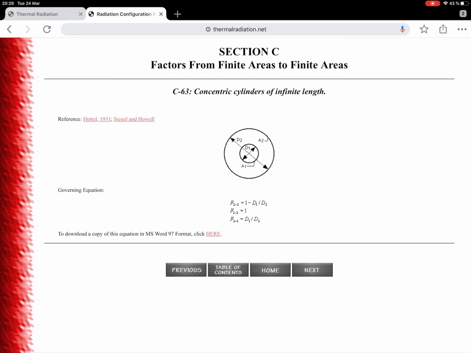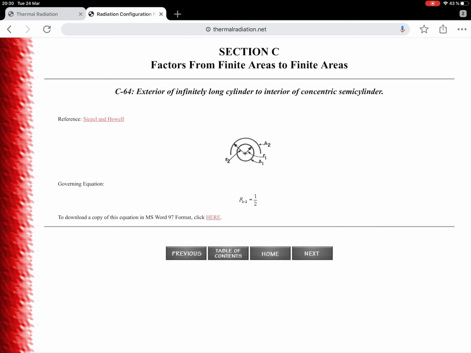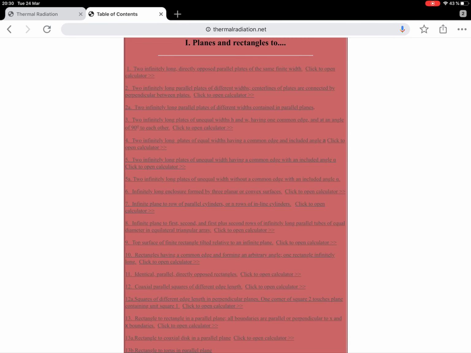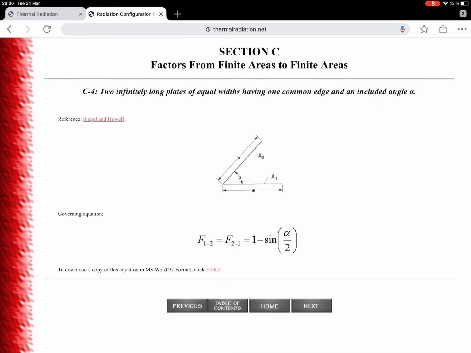And then you get the exact relations that we just derived. If you click next, you can get another one, exterior of infinitely long cylinder to interior of concentric semi-cylinder. Go back to the table of contents, planes and rectangles, for example. We can have two infinitely long plates in a wedge. So here we have that system where we have F12 and F21.